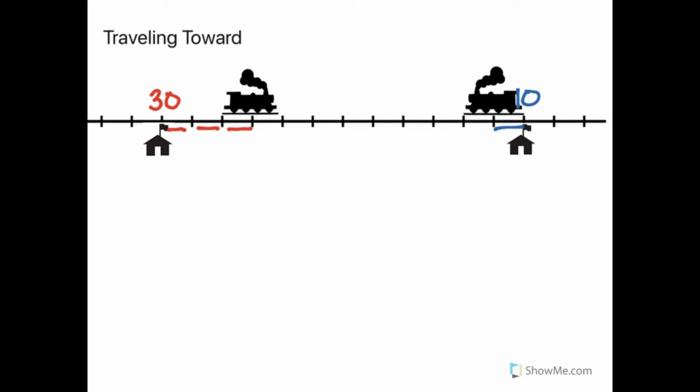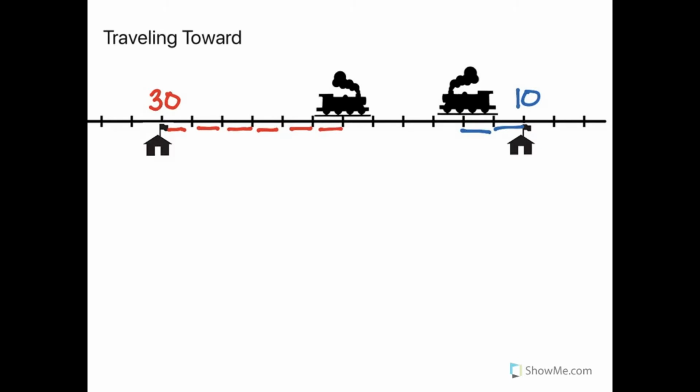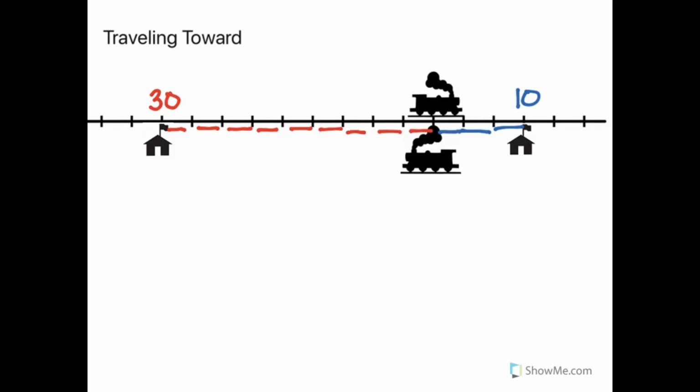After the next hour, the train on the left will have gone 30 more miles, and the train on the right will have gone 10 more. After 3 hours, we see that the trains are in the same spot, although hopefully not on the same track.